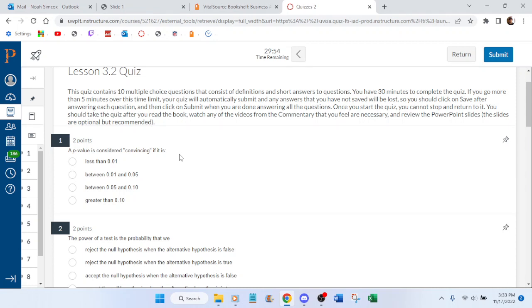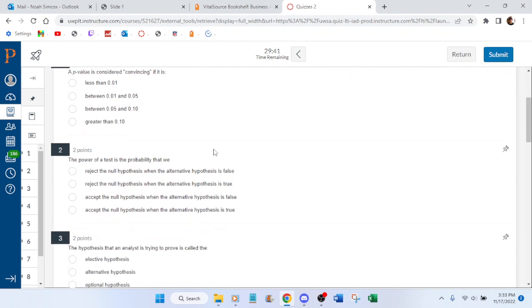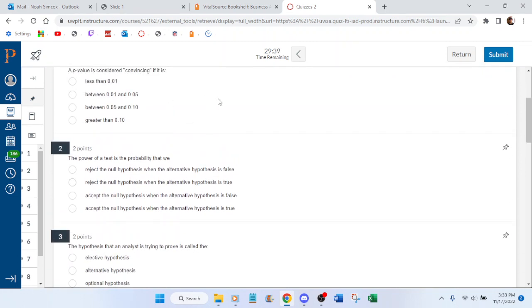I think it's like less than 0.05. Oh, dude. Okay, I'm going to go back to that one because I thought it was like less than 0.05. I mean, if it's any less than 0.05.